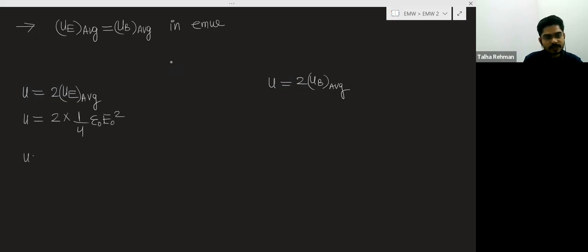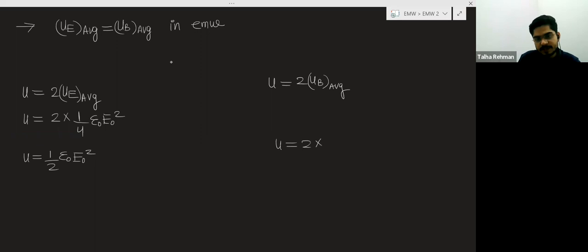So total energy density of the electromagnetic wave is 1 by 2 epsilon naught into E naught square. In terms of the electric field, this is the total energy density of electromagnetic wave.